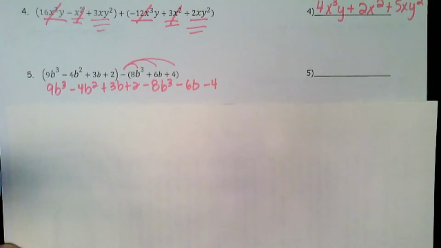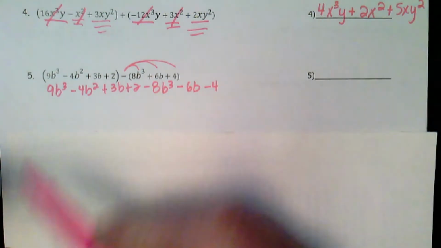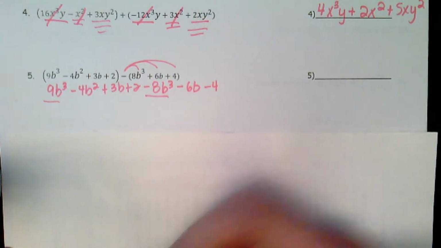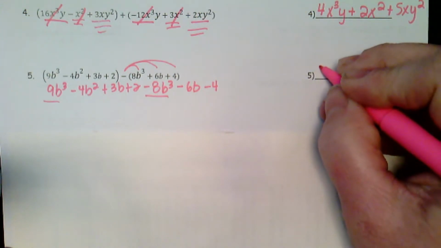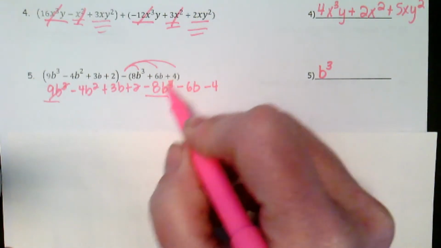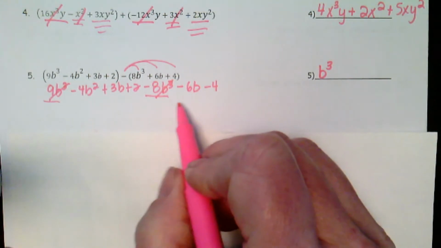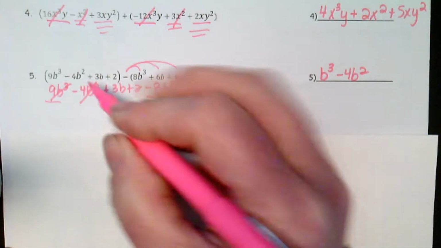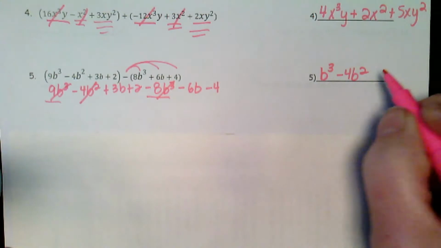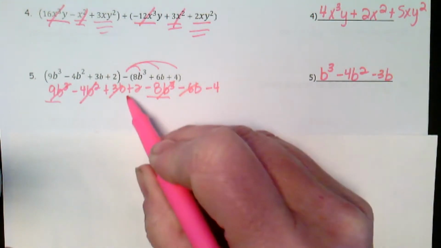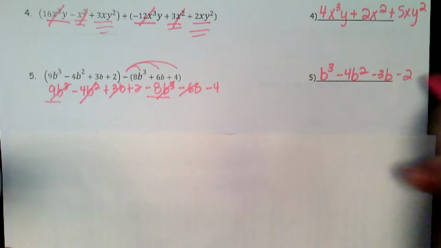So I just change the signs and put together what goes together. 9b cubed take away 8b cubed is 1b cubed, or just b cubed. Negative 4b squared has nothing else to go with. 3b take away 6b is negative 3b. And 2 take away 4 is negative 2.